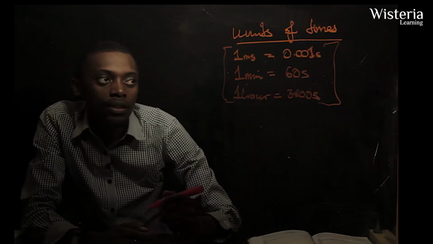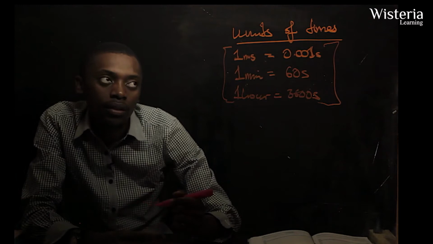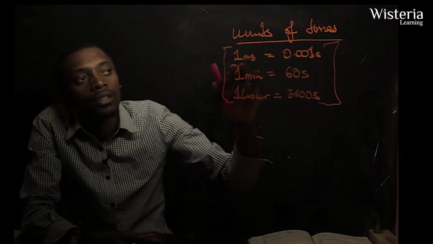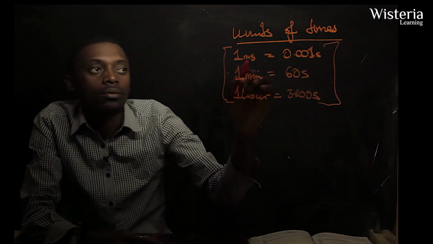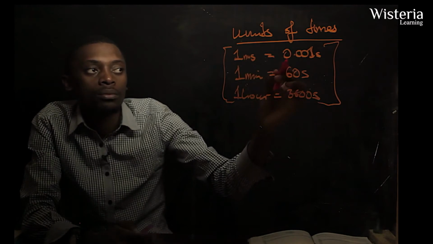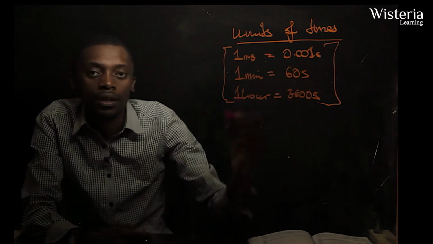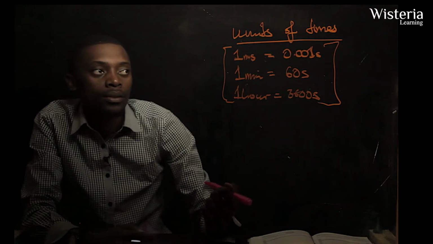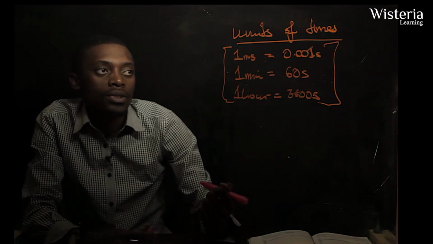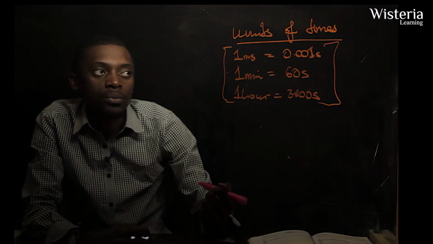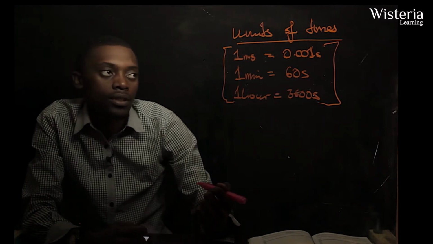In this table we are showing that 1 millisecond is equivalent to 0.01 seconds.